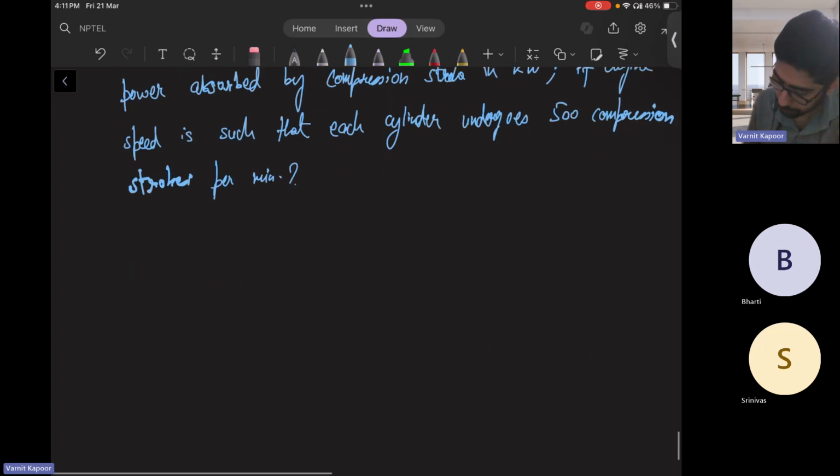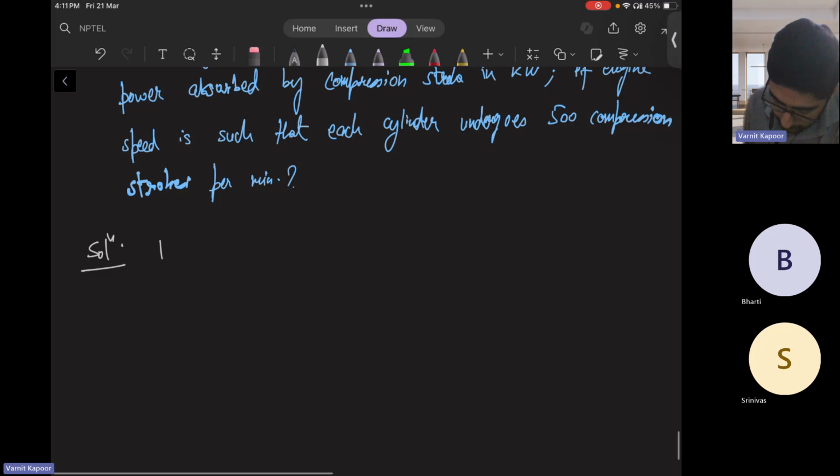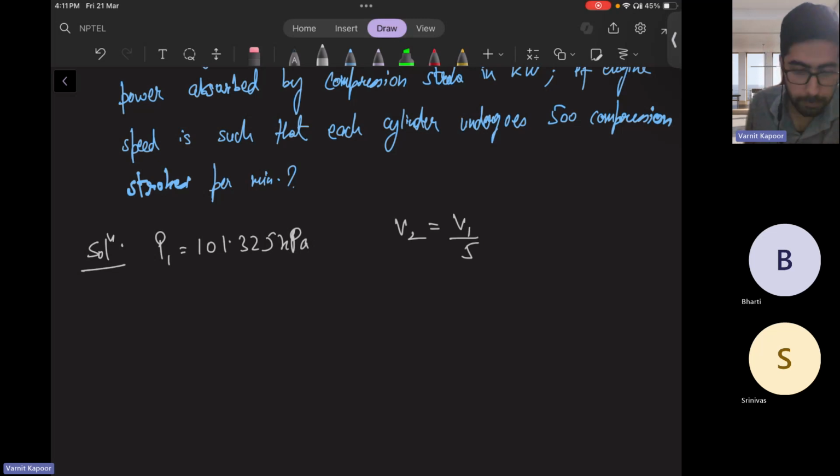All right, so let's do it. Initially the pressure is given as 101.325 kilopascal. Also it's given that V2 is V1 by 5 from compression.